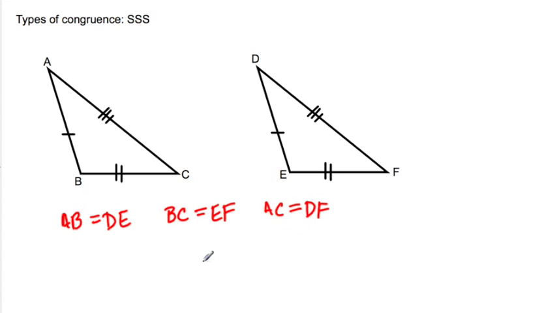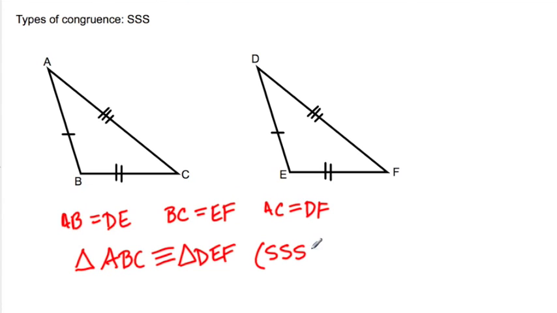So if I want to state that these two are congruent, I would say triangle ABC is congruent to triangle DEF after having proven this side and this side, because of side-side-side congruence.